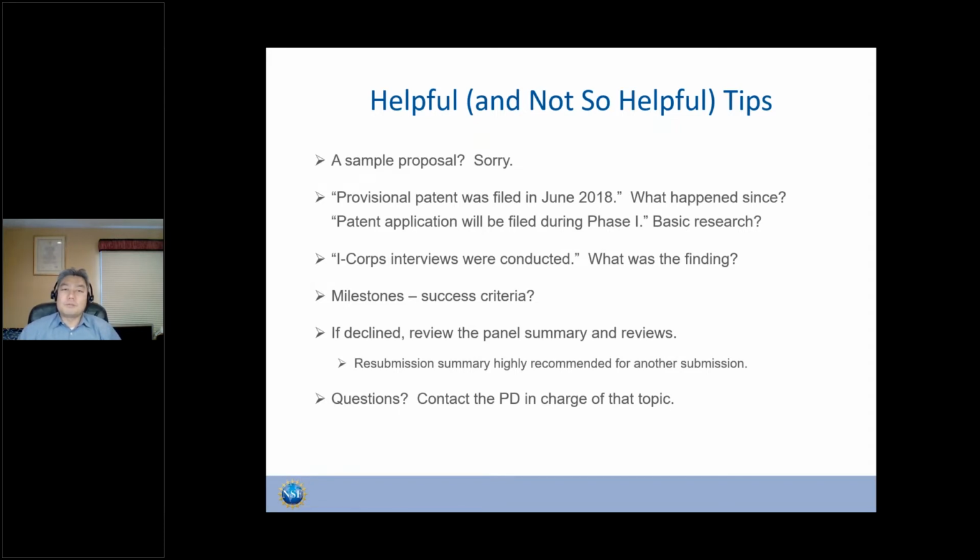Unfortunately, we don't have a sample proposal. These are all confidential documents, and for us to be able to offer it as a sample, we'll probably have to get together with the company and make sure to redact all the confidential information from the document. That can be really a big task. And once that's done, our solicitation guideline may be tweaked along the way, and certain parts may no longer be applicable.